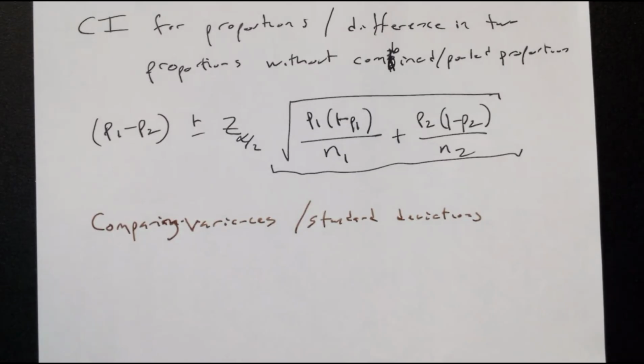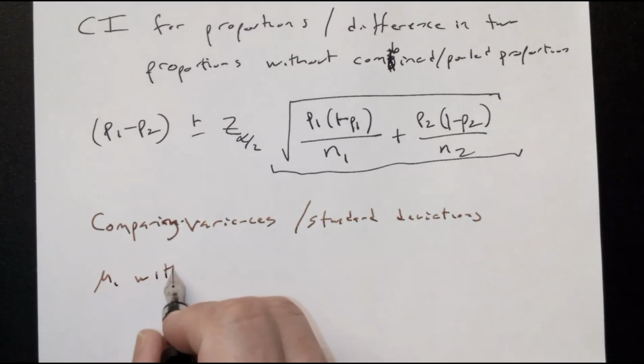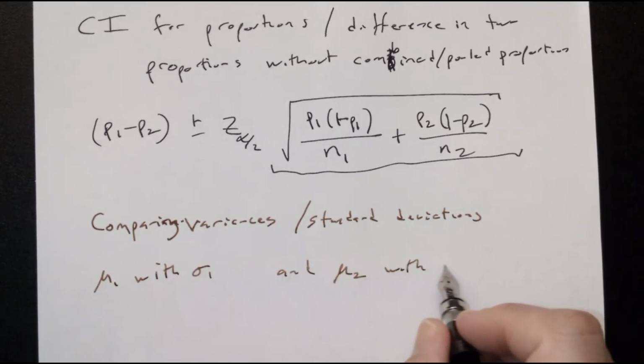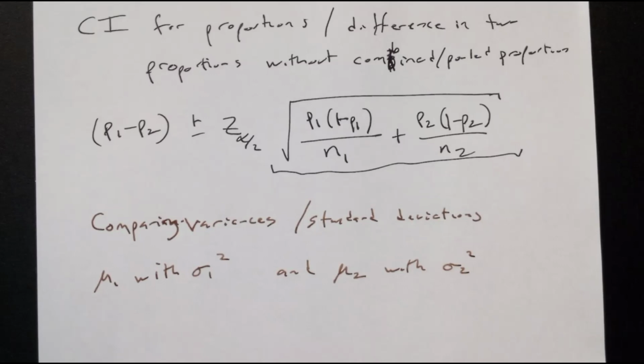If I have two different distributions, each one's going to have a variance. I have a mean, standard deviation, variance for each one. I could ask the following question. Which of these is more consistent?